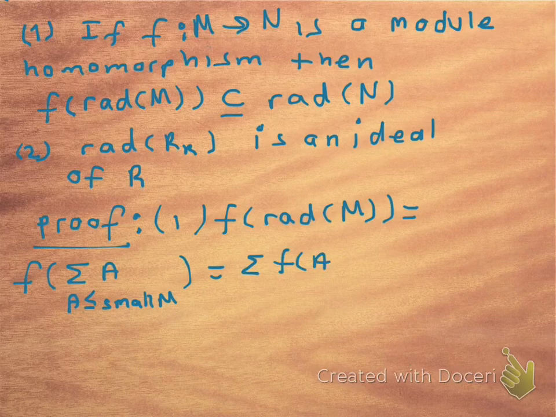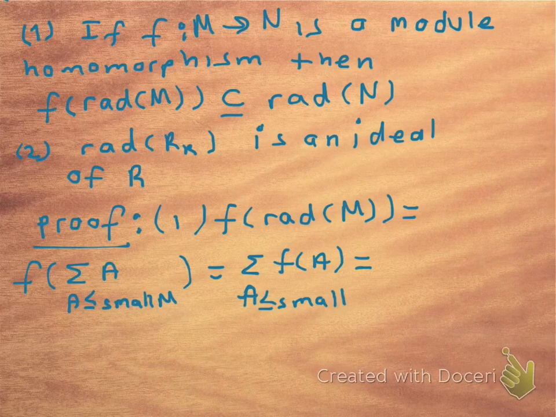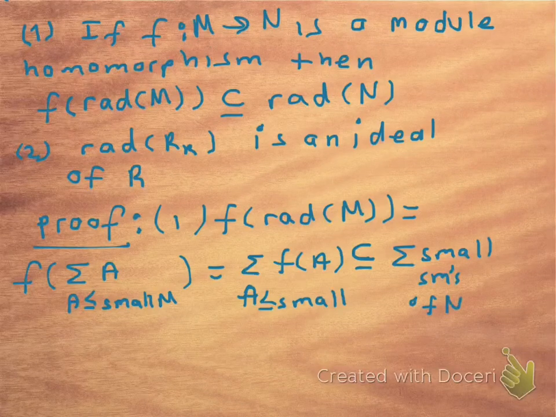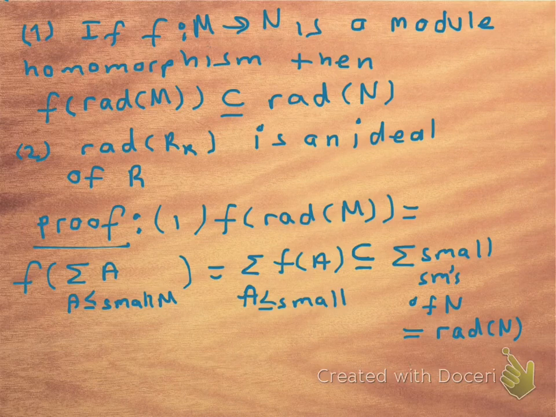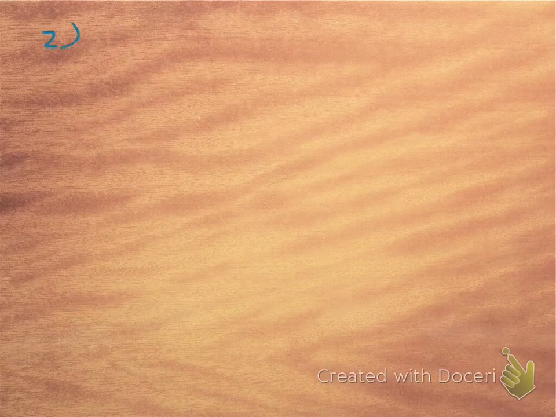Okay, so now the rest is easy because we have proved already that the images of small submodules are again small, therefore we have the inclusion of small submodules of M in the small submodules of N, and that by the other lemma we proved is equal to the radical of N. Therefore the radical of M is mapped into the radical of N by F. So this proves the first assertion.